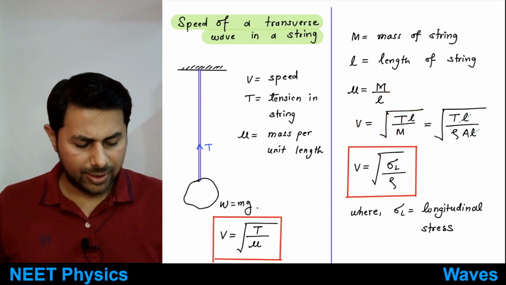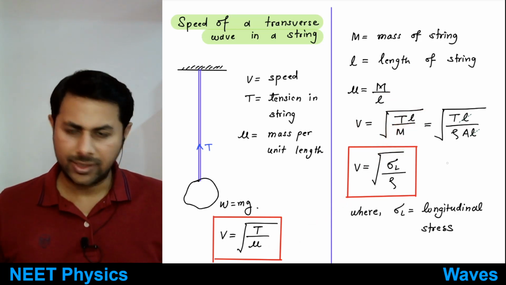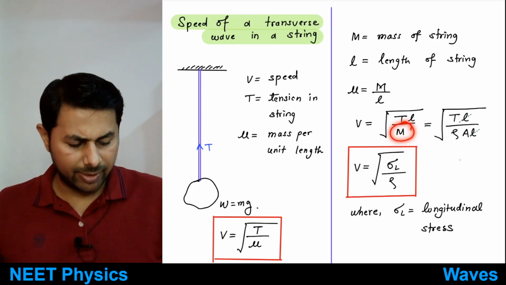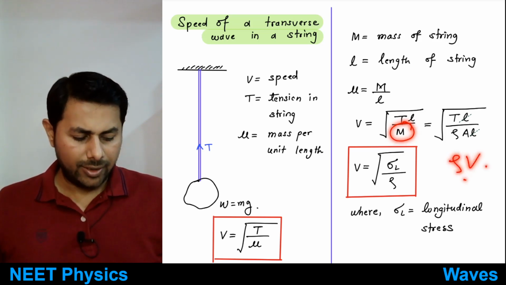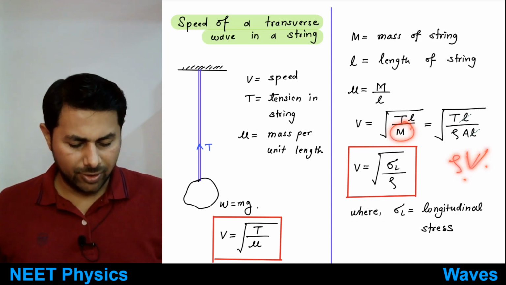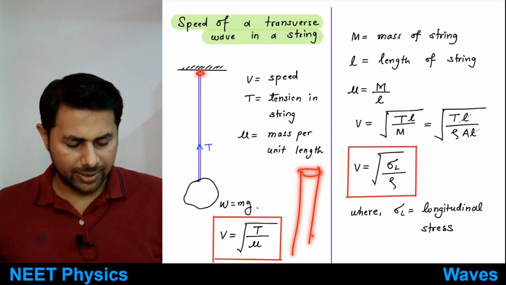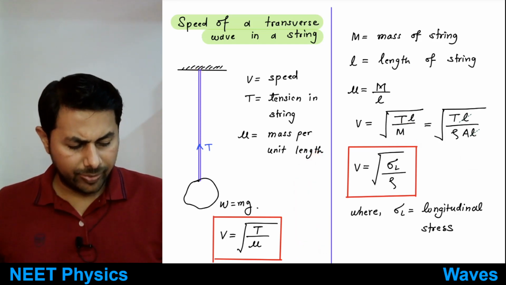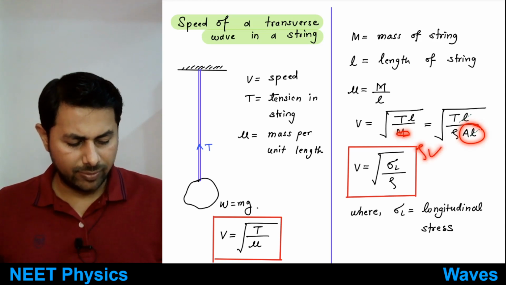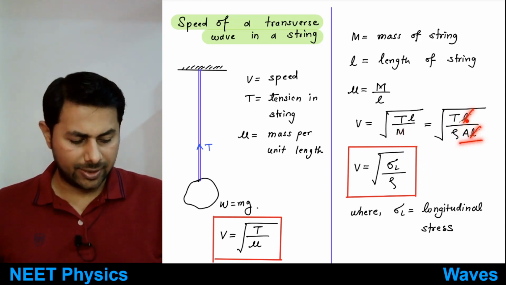And then how can you write mass? Mass can be written as density multiplied by volume. And the volume can be written as area of cross section multiplied by length. So suppose this is a string, then mass is density into volume, volume is area into length, and length and length get cancelled out.